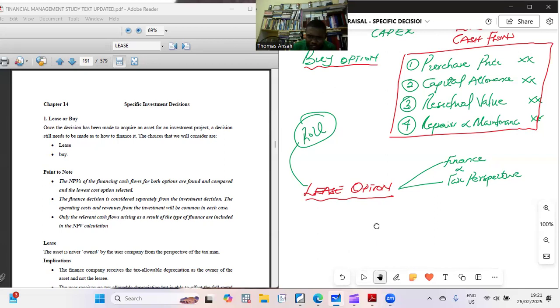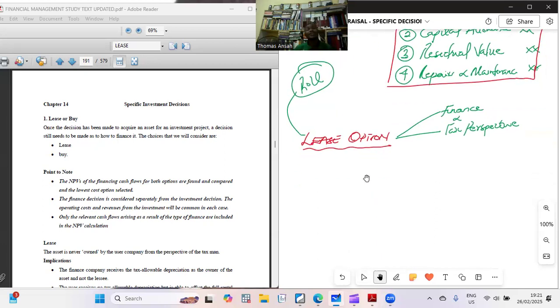The finance aspect of the thing is that a lease is actually an agreement between a lessee and a lessor to use the lessor's asset for a particular period of time for a consideration. So you have the right to use the asset for a particular period of time for a consideration.